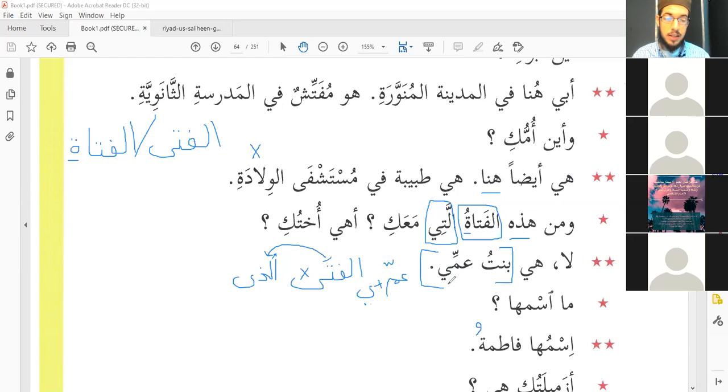Bintu ammi, literally the daughter of my paternal uncle, which is how they say cousin, right? So we've seen that some things are easier in Arabic compared to English, and some things are more difficult. This is one of those things that's more difficult. Bintu ammi, bintu khali, ibnu ammi, ibnu khali, right? These are your cousins.